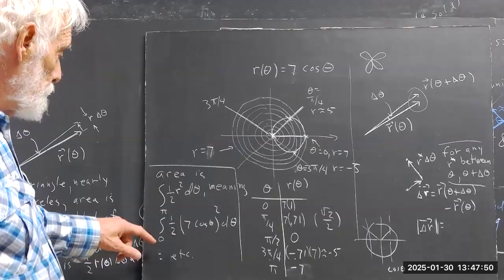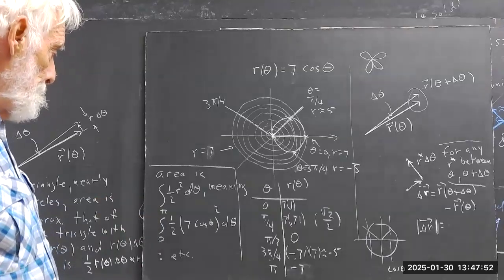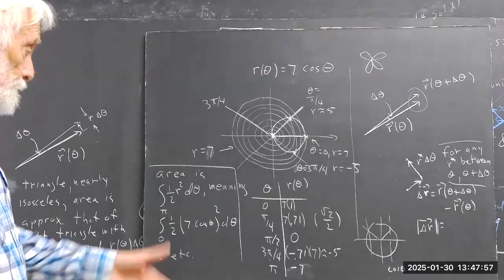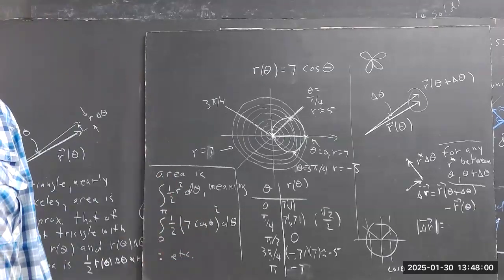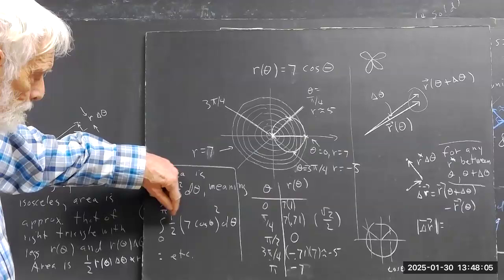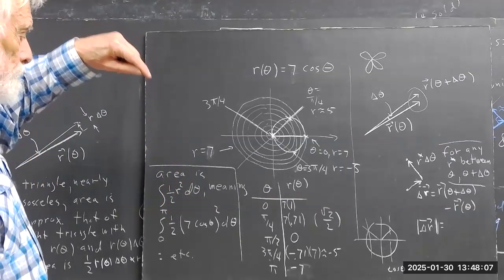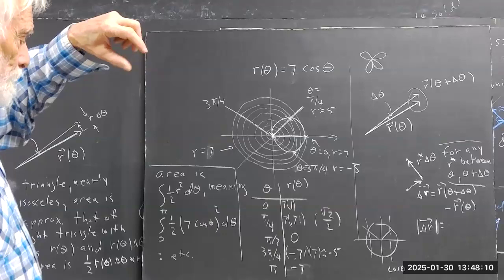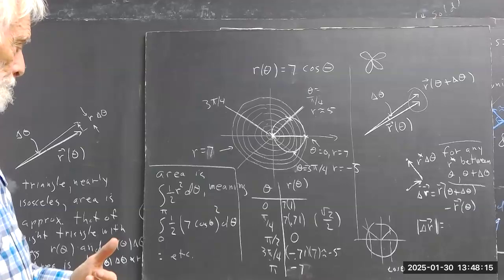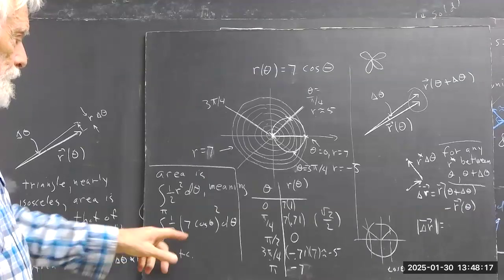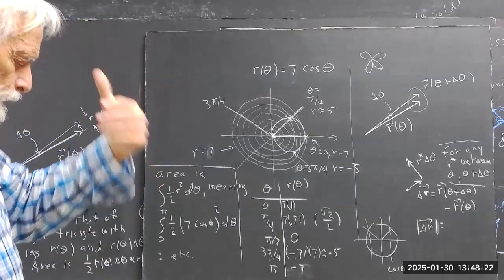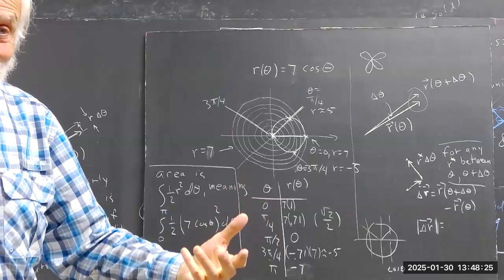Turns out the integral of cosine squared from 0 to pi is 1/2 pi. That's where the pi comes from. So 1/2 pi times 1/2 is 1/4 pi, times 49 is 49/4 pi, which is about 40.